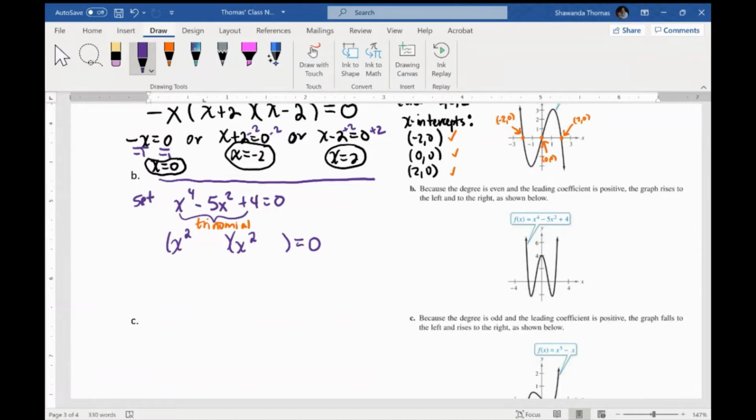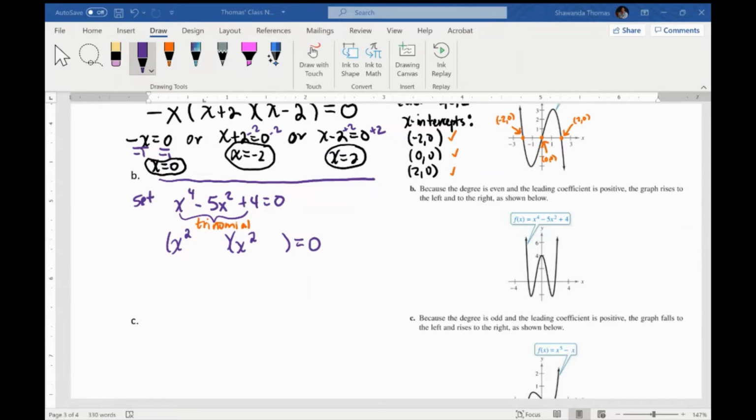But I need to know something else to fill in the missing spaces. What else am I trying to figure out? Okay, you could do B and C. What multiplies to 4 and adds to negative 5? Correct. I know the factors are going to be 1 and 4.